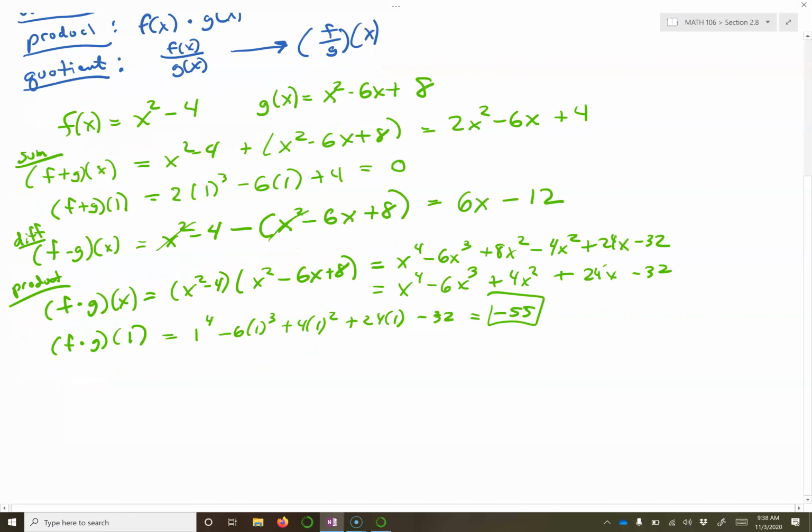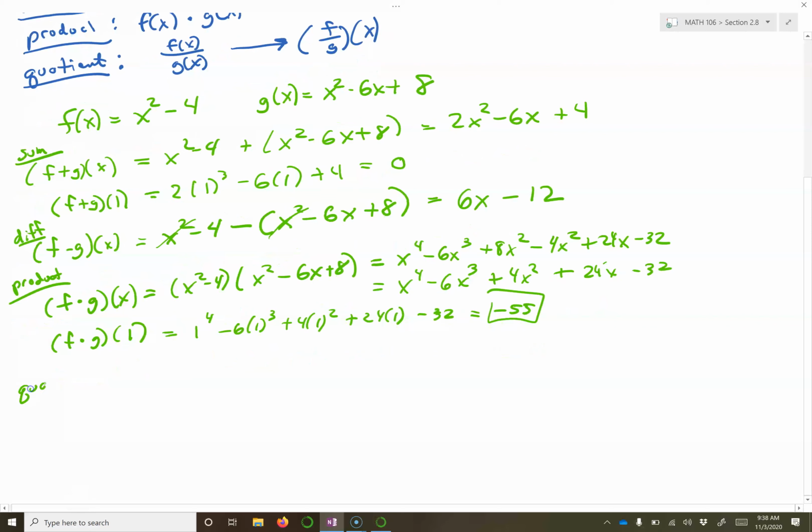Now, quotient. This is where we'll end the day today. So let's say I had f over g of x. f of x is x squared minus 4, and g of x is x squared minus 6x plus 8.